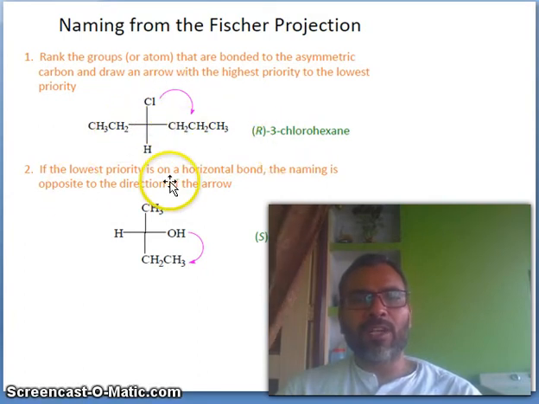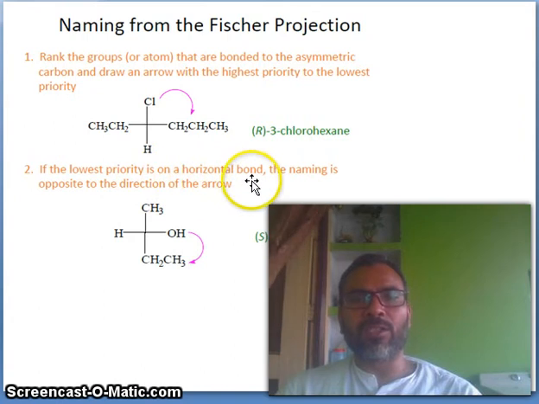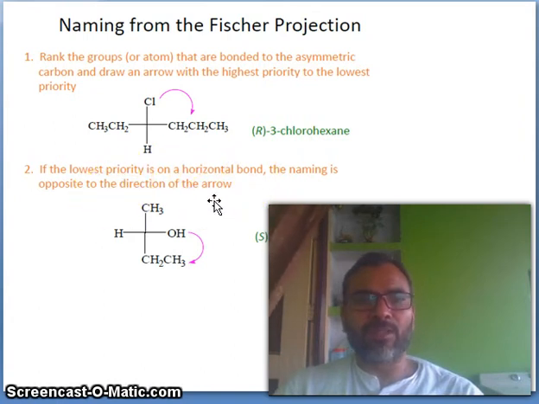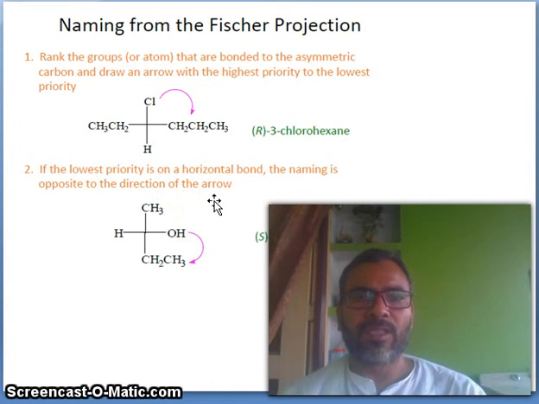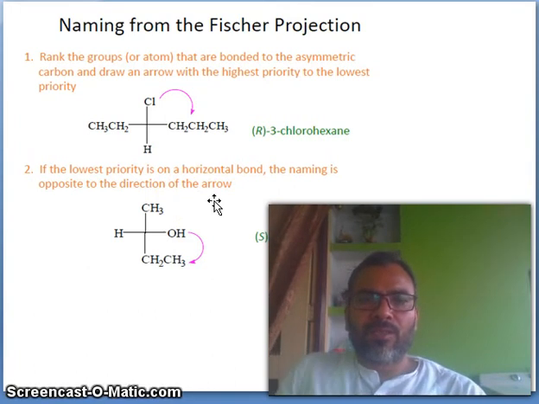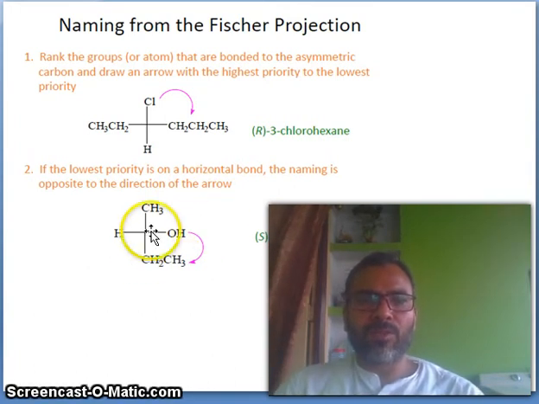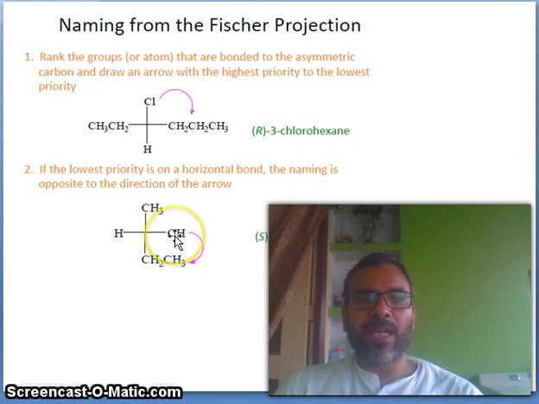If the lowest priority is on a horizontal bond, the naming is opposite to the direction of the arrow. So you see here, this is the highest priority, this is this.